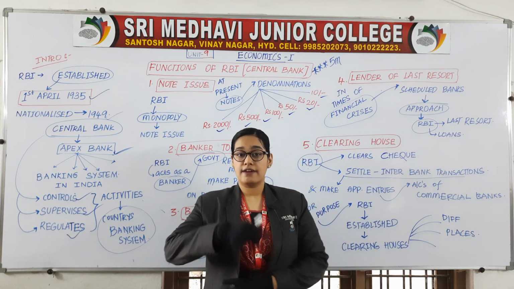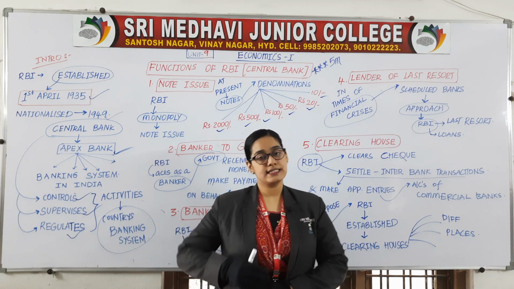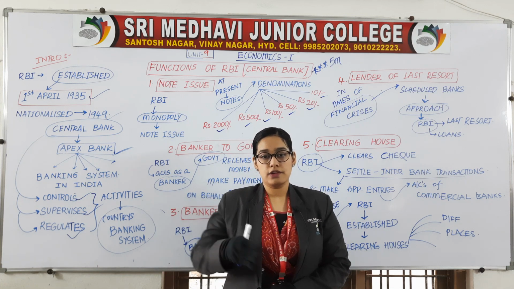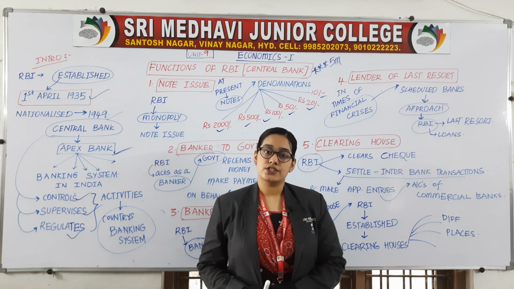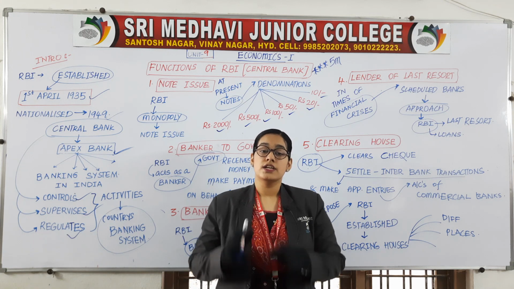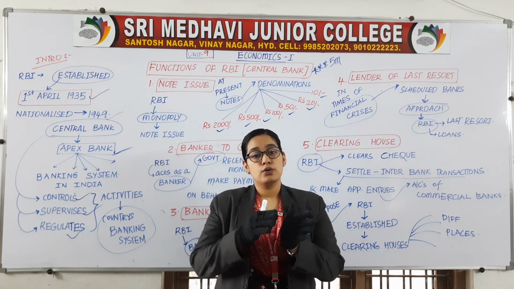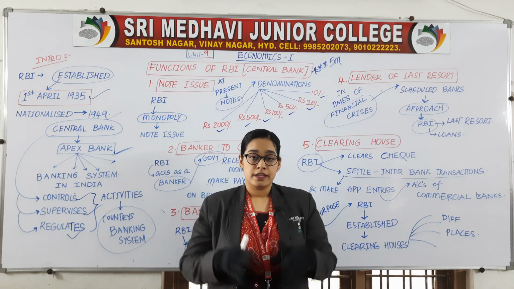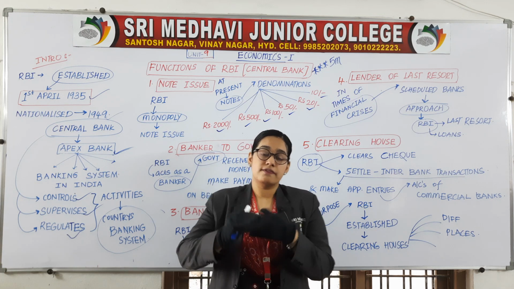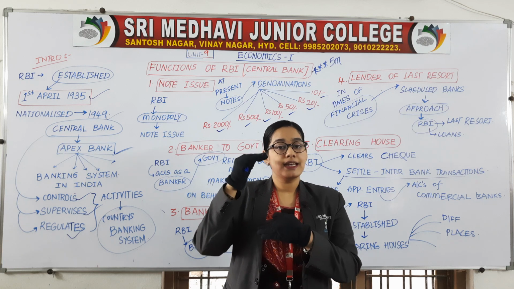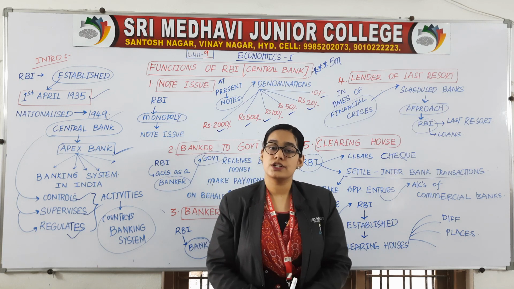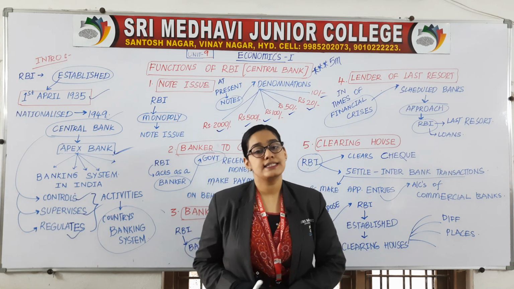Whenever you have any problem, you will inform your class teacher. If it is not solved, you will go to the in-charge, then the vice in-charge. If still it is not solved, you will go to the vice principal. If still your problem is not solved, then you will go to the main head of the institution, that is the principal.